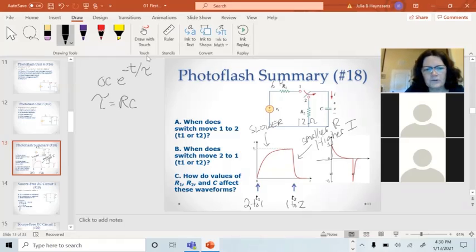So this slower circuit is going to have a tau that is longer. And this has a shorter tau.